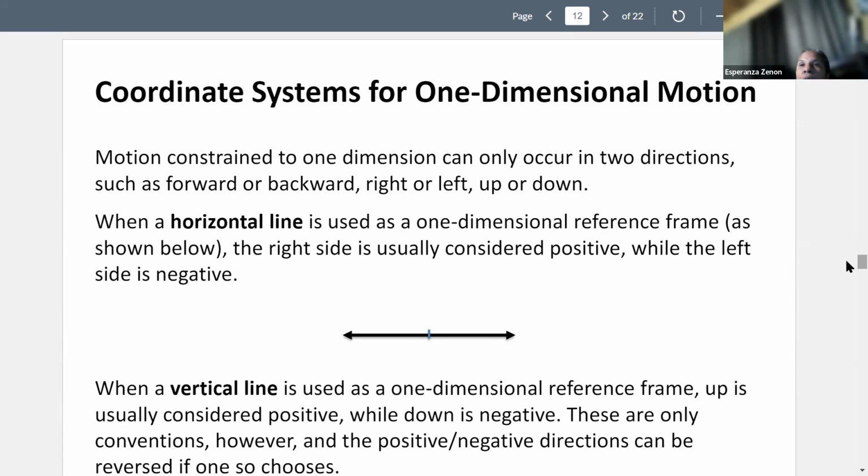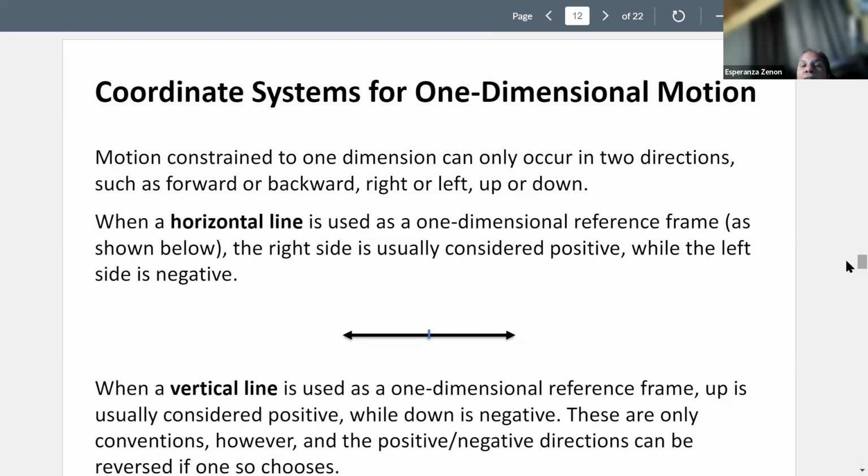If we're to the right of 0, we know it's positive, and if anything is to the left of 0, we call it negative, right? We could also use the number line in a vertical fashion, to express up and down. Up is positive, down is negative, right?